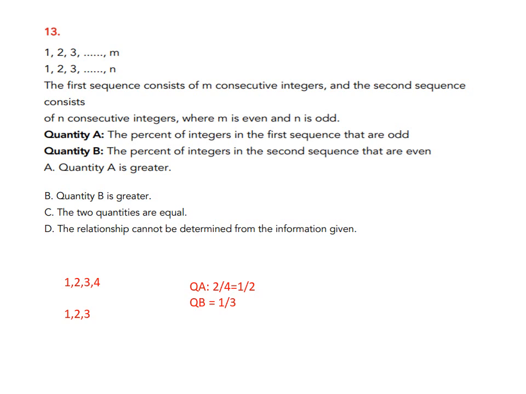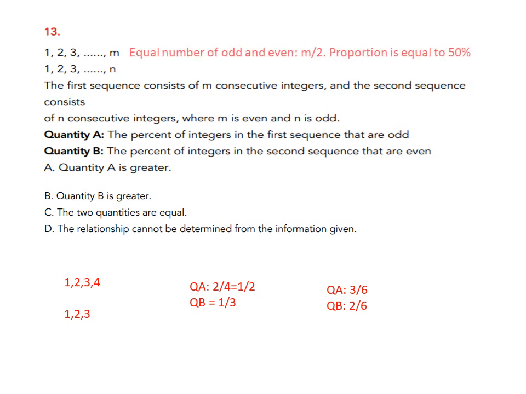Let us take a common denominator for comparison purposes. So we get 3 by 6 and 2 by 6. I have multiplied quantity A by 3 and quantity B by 2. In this case, quantity A is greater than quantity B. So option A is the correct answer.